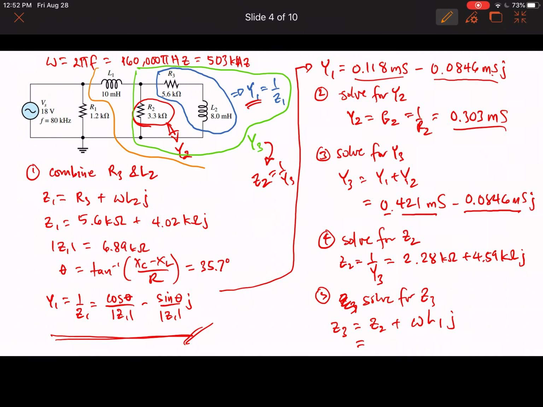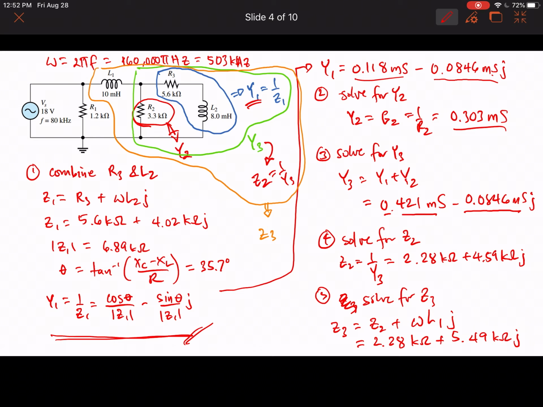So this is Z3, okay, and Z3 will have a value of 2.28 kilo ohms plus 5.49 kilo ohms j hat.